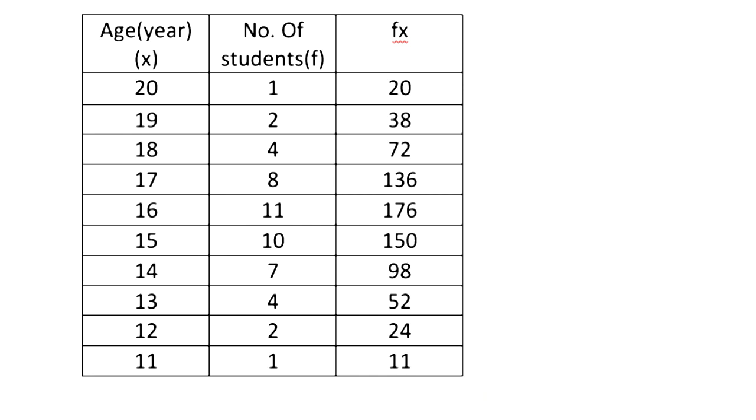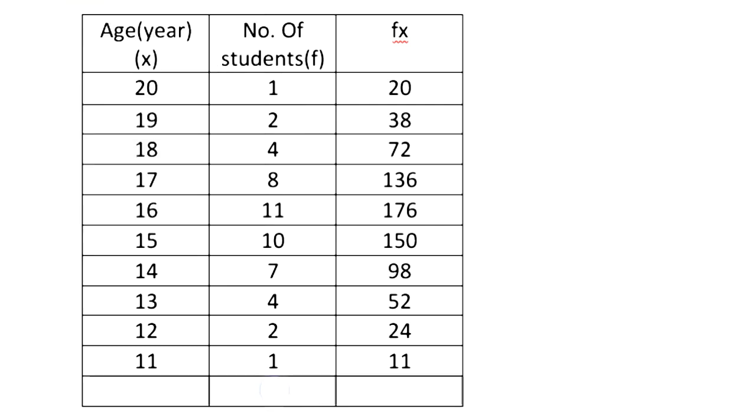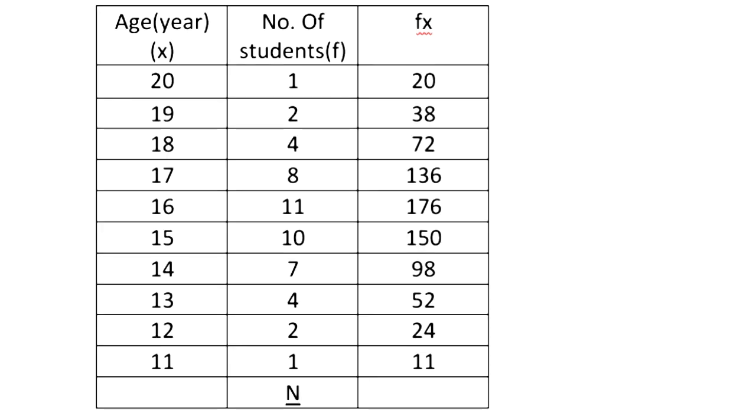Now we have found the values of the number of students and the column fx. Now we will find the summation of the number of students and the summation of fx. The number of students, total frequency, is denoted by n. The summation value 1 plus 2 and so on equals 50.